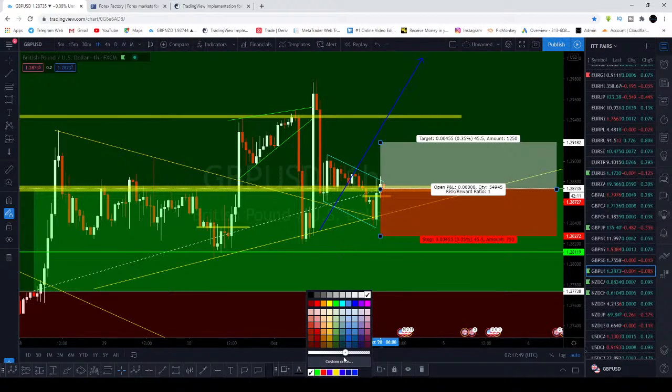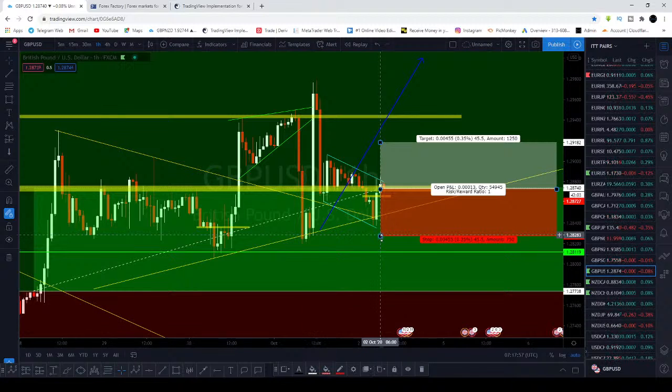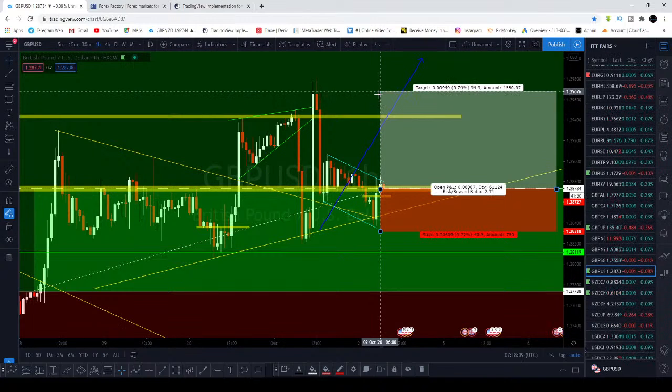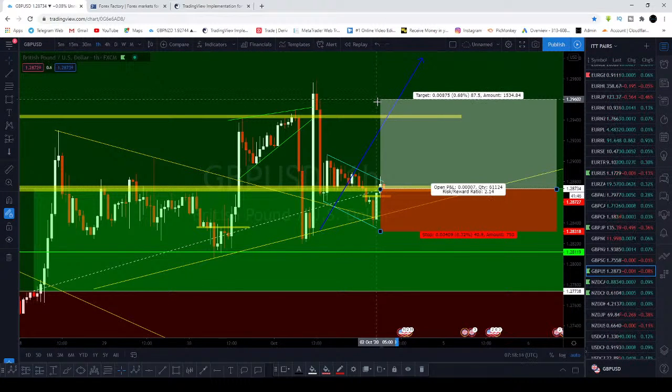Perfect. So it's going to be like this, and we already said stop loss to be 40 pips, like I've said earlier. As you can see right here, it is 40.9, right? Yeah, let it be 40.9, and for take profit, we'll be targeting our previous high, but let's not be greedy.